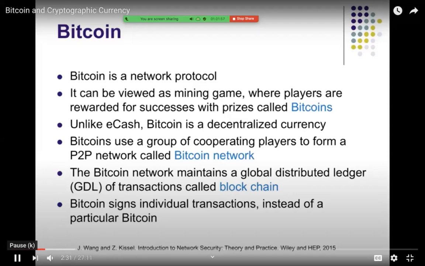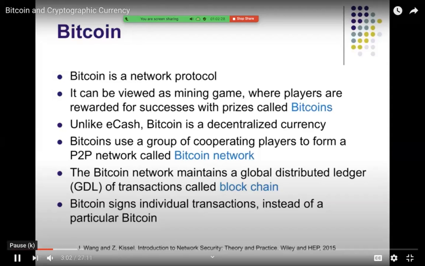So you play the game, you win, and you will be awarded a prize, and that prize is called a Bitcoin. And that Bitcoin is hard to get, so you can use this prize as currency, to get some real value for it.